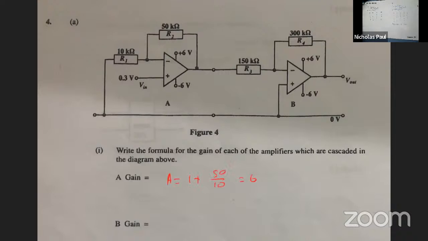So that's 6. Gain B will be minus. Don't forget the minus, 300 over 150. So that's minus 2. So the overall gain, the gain of AB, will be 6 by minus 2, minus 12.